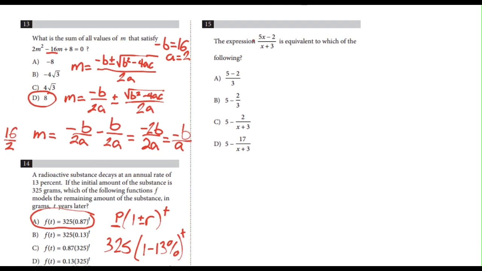Number 15. The expression (5x minus 2) over (x plus 3) is equivalent to which of the following? So for this question, what we need to do is think about how we can cancel out x plus 3 on the bottom with x plus 3 on the top. Now, in order to be able to factor out to get x plus 3, we would need 5x plus 15.